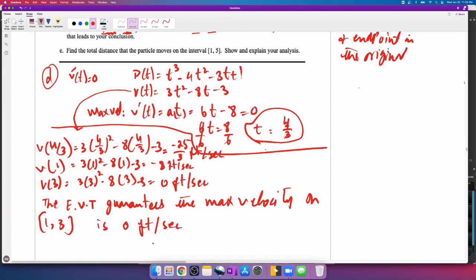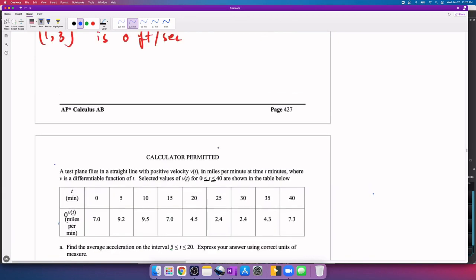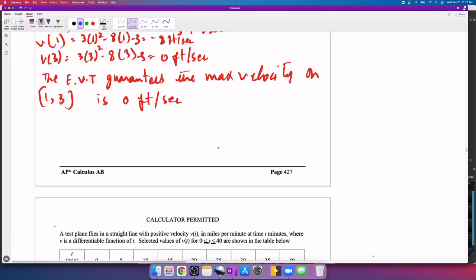Now, part E said find the total distance that the particle moves on the interval, show and explain. Like I said before, for total distance there are two different ways. If the particle changes direction, then we use one formula. If the particle doesn't change direction, then we use a different formula for the distance. In this case, the particle is changing direction.